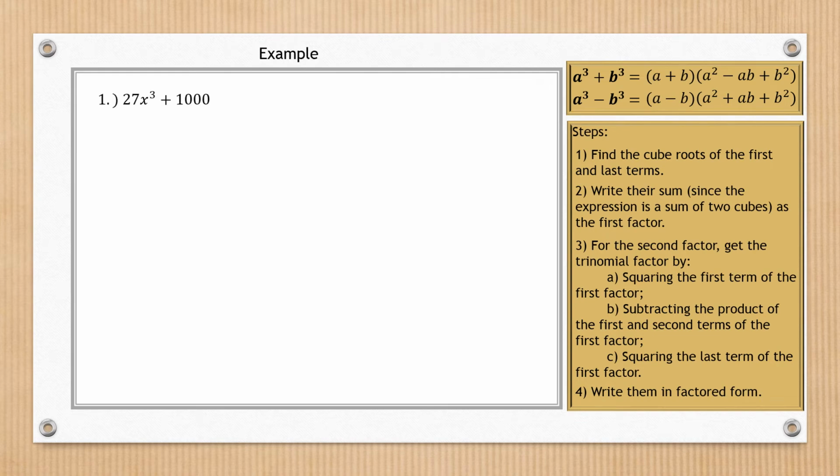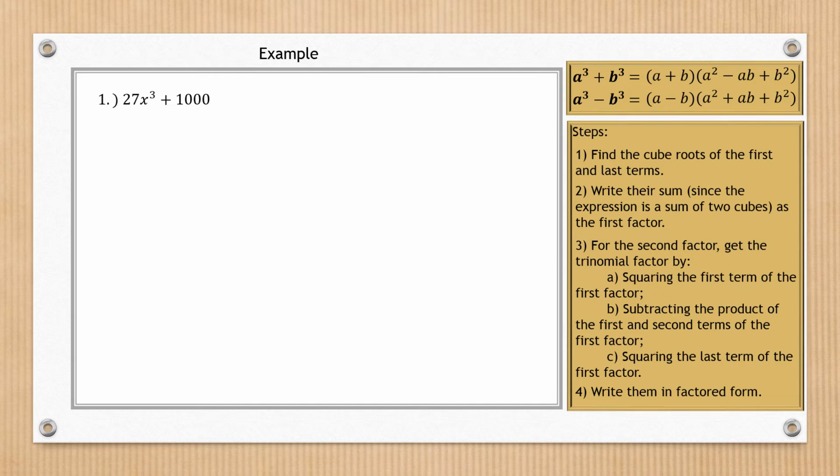So, first example, 27x cubed plus 1,000. Again, the first thing is you have to identify if this is a sum or difference of two cubes. You identify it. Look at the first term. The first term is 27x cubed. The second term is 1,000. So, both of these two terms are perfect cubes.